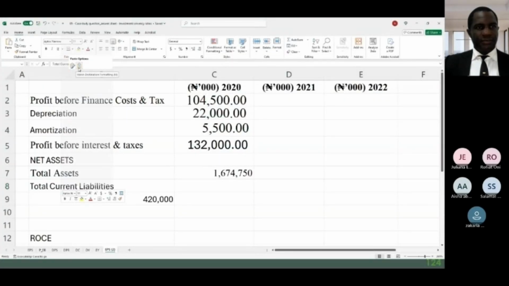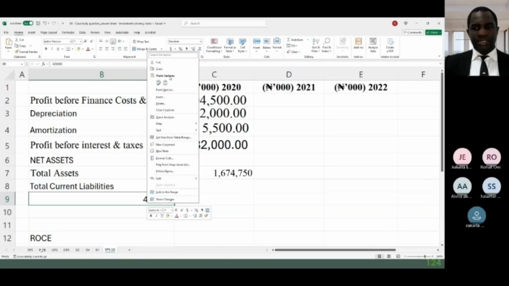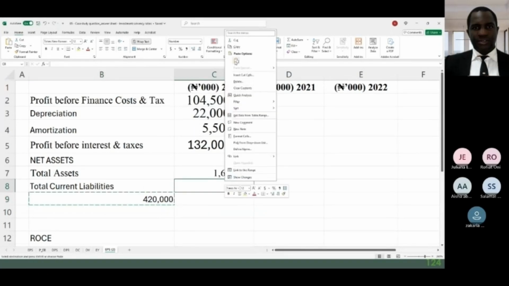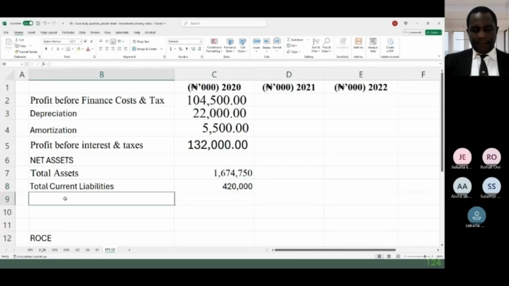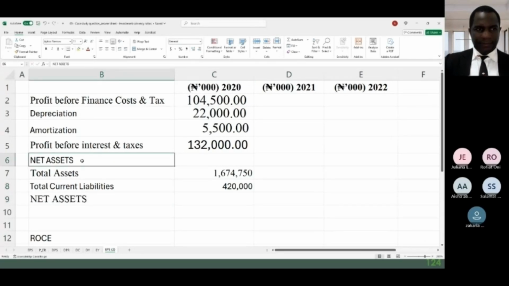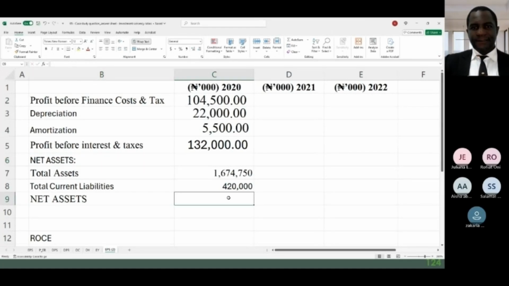Please interject if you have a challenge with these calculations. Be free to interject. Okay, so our net assets is our total assets minus our current liabilities.